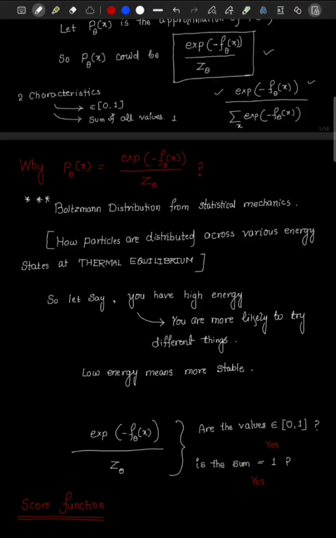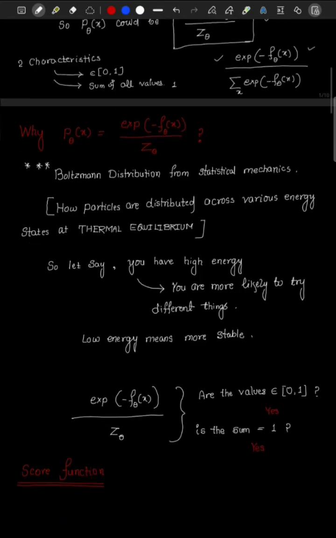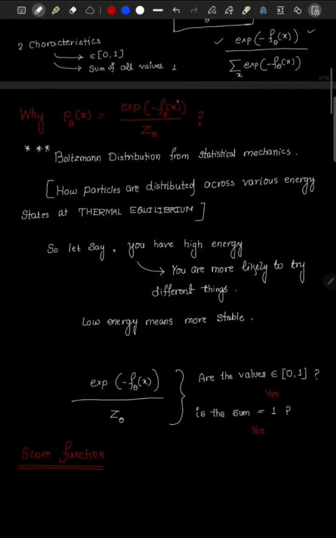Now let's deep dive into the function. This function is inspired by statistical mechanics, where there is a well-known distribution called the Boltzmann distribution. It says how particles are distributed across various energy states at thermal equilibrium. So this is called an energy function.